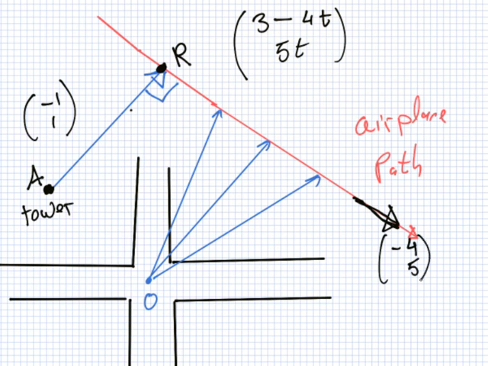So what is special about AR? Well, AR, if it's the shortest distance, I'll just call this vector here B. That should be perpendicular to B, shouldn't it? Yeah? And what should that equal if they're perpendicular? 0.